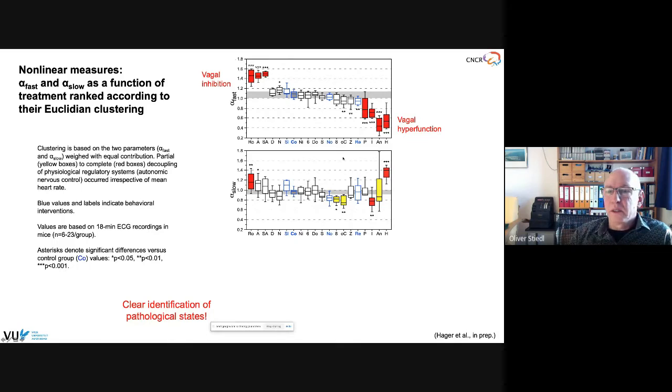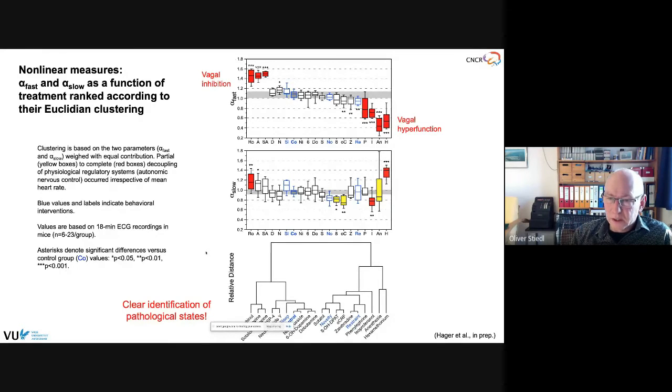And this is, in the end, overlapping with the alpha slow value, telling us that we are able to identify pathological states of dynamics. And if you do the clustering, it looks very different from what we had seen before. And I will show you some data on 8-hydroxy-DPAT in detail later.